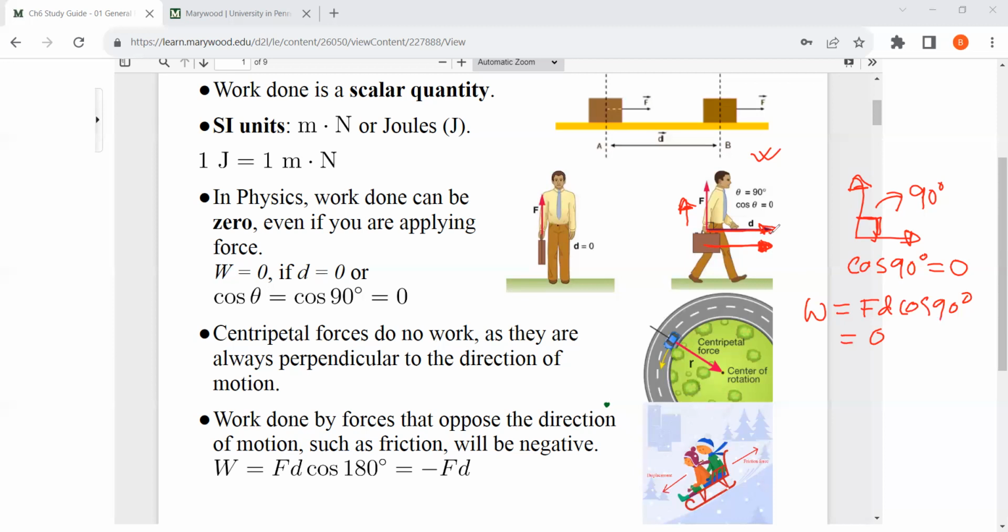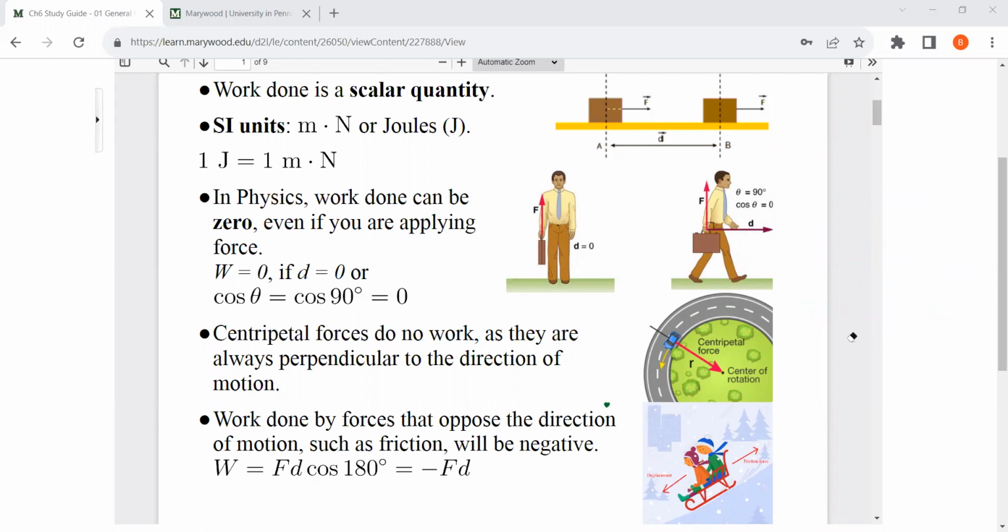But because the force and displacement are perpendicular to each other, the angle between them is 90 degrees, so the work done is 0. Remember that work done can be 0 either when D, the displacement, is equal to 0, or when cosine theta is equal to 0, that is, theta equal to 90 degrees. If theta is 90 degrees, even if you apply force, the work done will be 0.